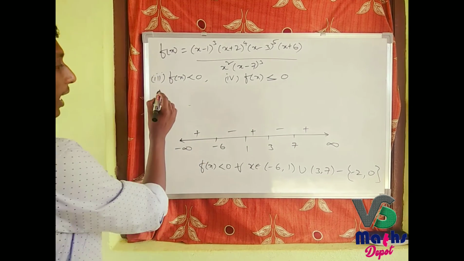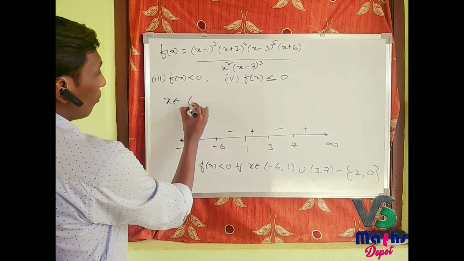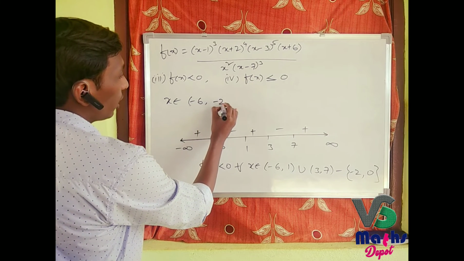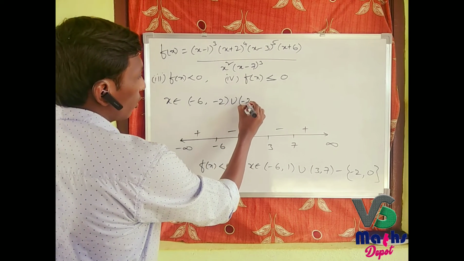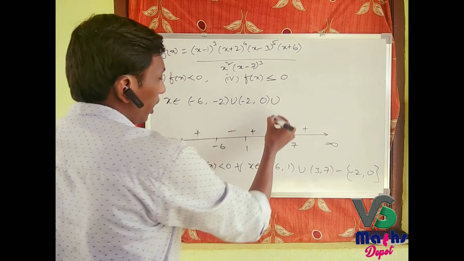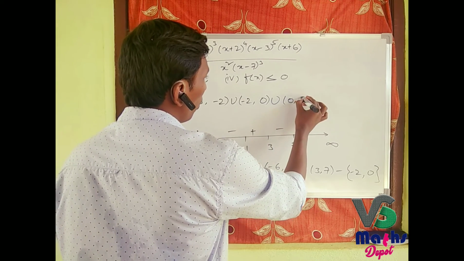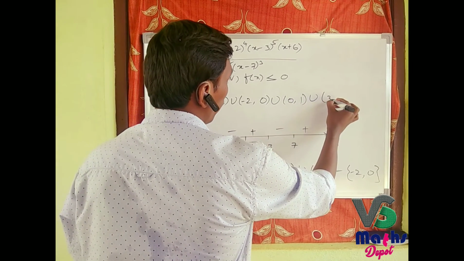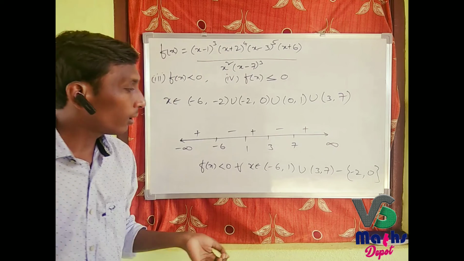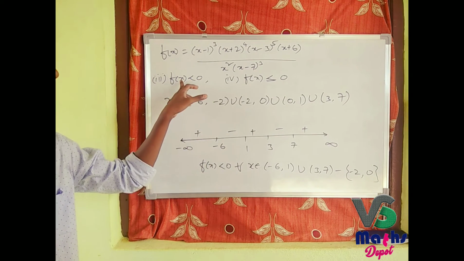Writing this as x belongs to minus 6 to minus 2 union minus 2 to 0 union 0 to 1 union 3 to 7. This is the answer for the third one.